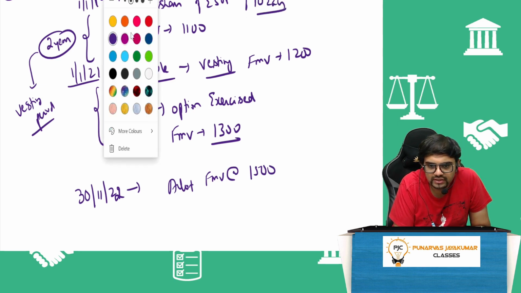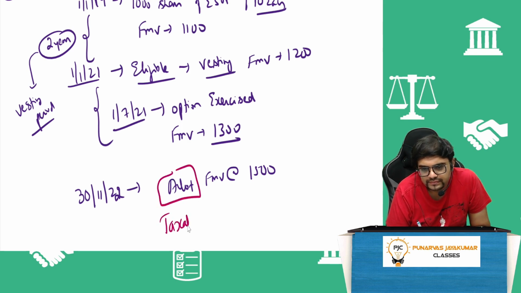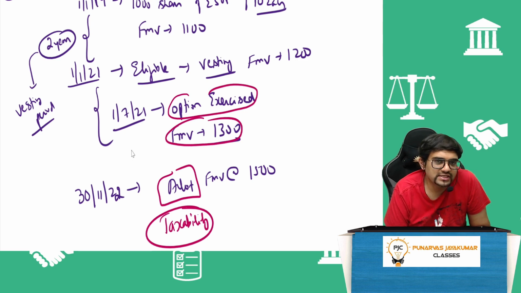Now guys, tell me, what does the law say? The law says that taxability will arise at the time of allotment. Taxability will be at the time of allotment, but the FMV will be as on the date when the option is exercised, because that day you decide to buy. Just because the company delays by so long, you cannot hold the person liable for that.